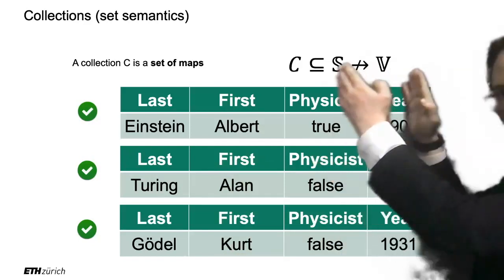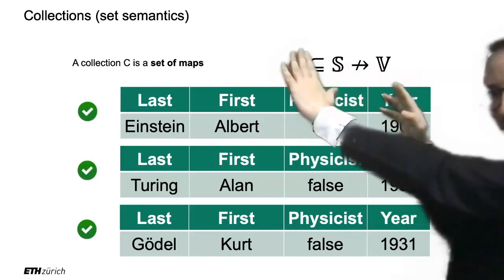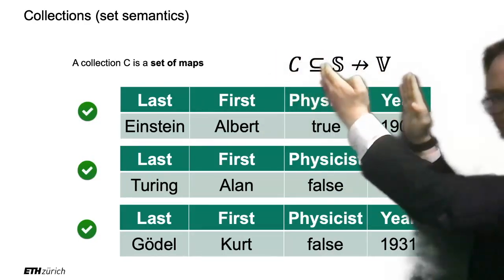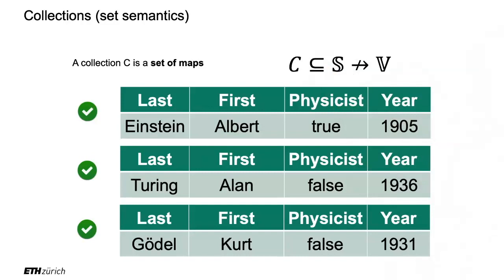So now, what is this? If I forget about this part and I only take S to V, S to V without the cross would be the set of all possible maps you could ever imagine. And again, that wouldn't fit anywhere on our computers, even if we use the entire planet. That's just too gigantic. So it's just a mathematical construct. It's the beauty of mathematics. In math, we are able to do these things.